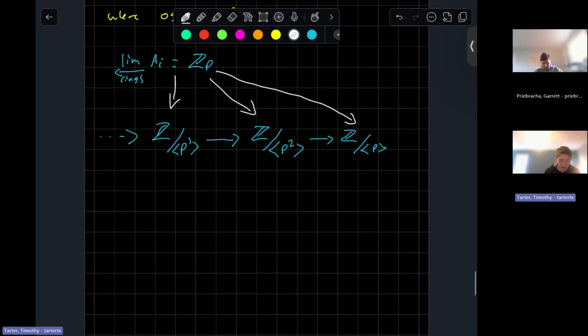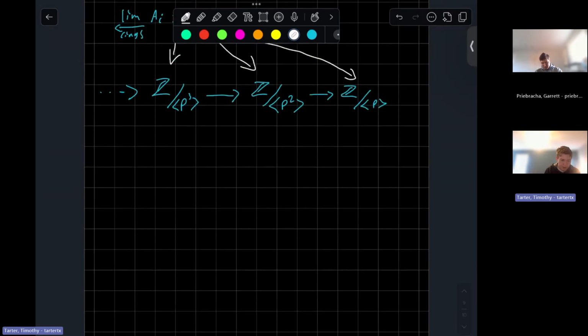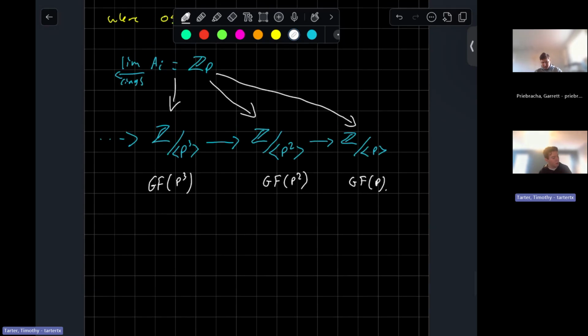And then really these are basically GF(p^3), GF(p^2), and then GF(p), which we're familiar with from the summer.